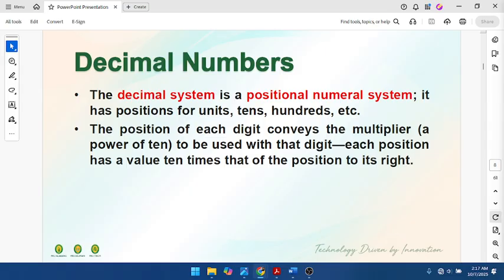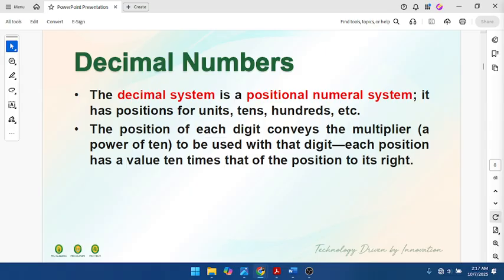So we have designated positions for ones, tens, hundreds, thousands, and so on.